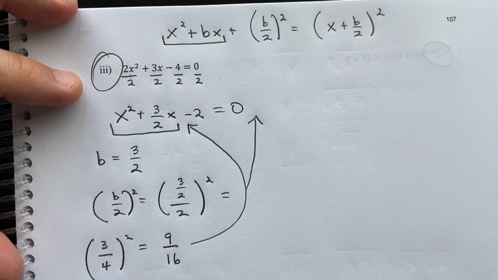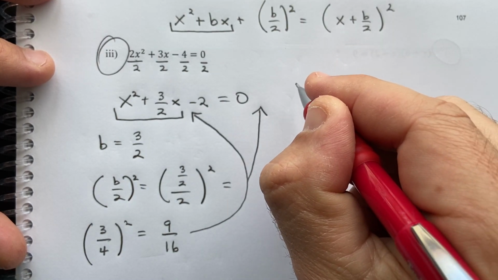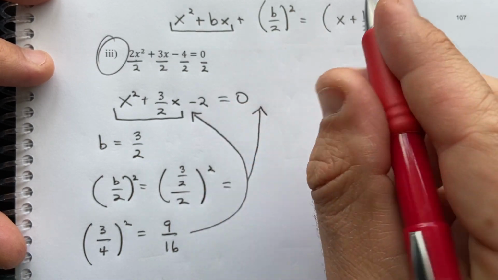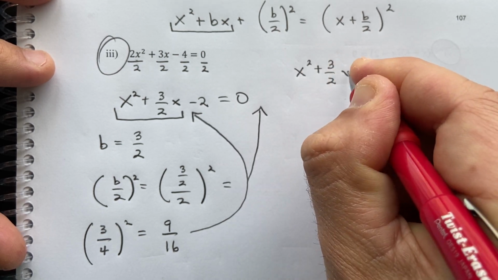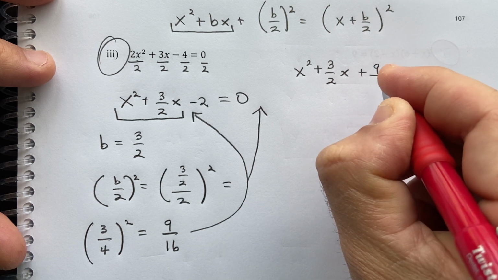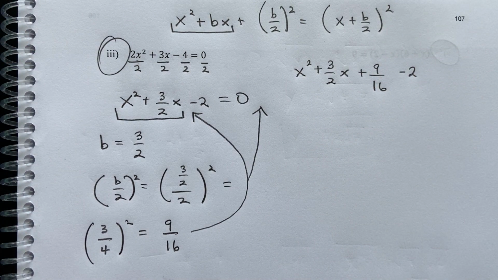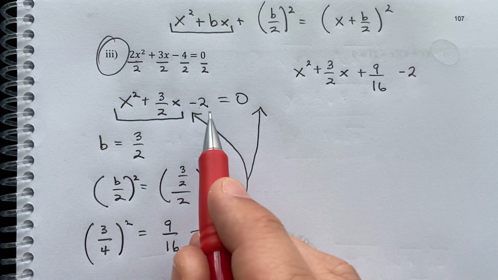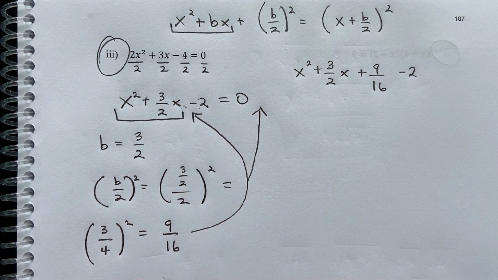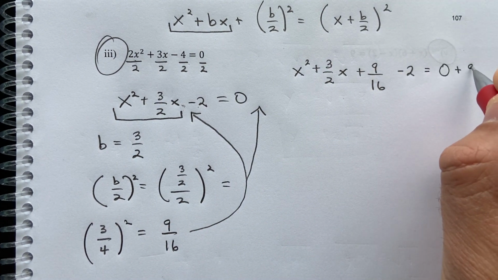What I do to one side, I have to do that same thing to the other side. So this will become x squared plus 3 halves x plus 9/16. And then I'm just kind of scooting that -2 out of the way. So it's still there, the -2, but I'm squeezing this 9/16 in front of it. And then this equals 0 plus 9/16.